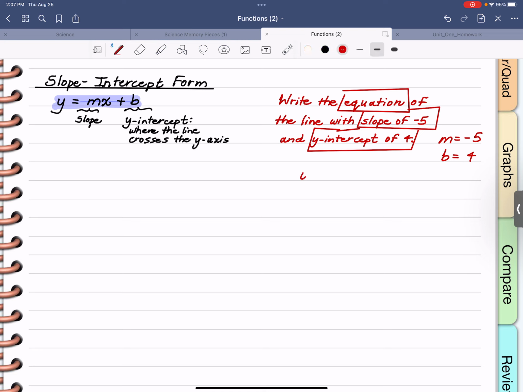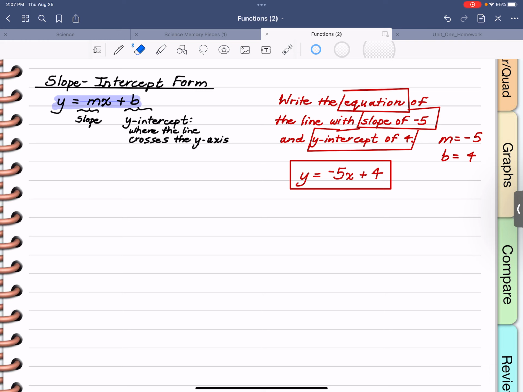I need to say y equals m, which is -5, and that will go always with the x, plus the y-intercept is 4. And that's what we're looking for. That's the equation in slope-intercept form that we want.